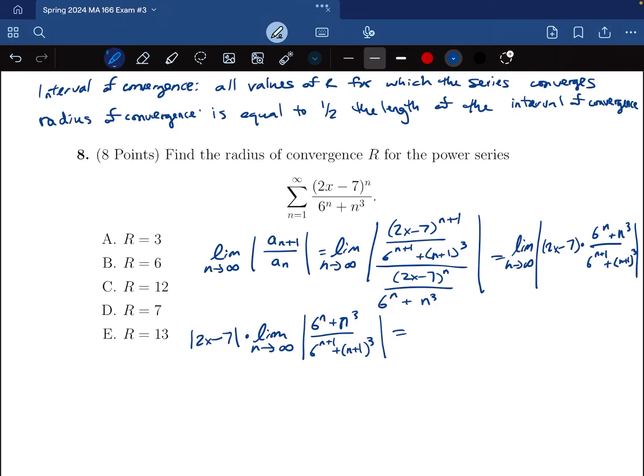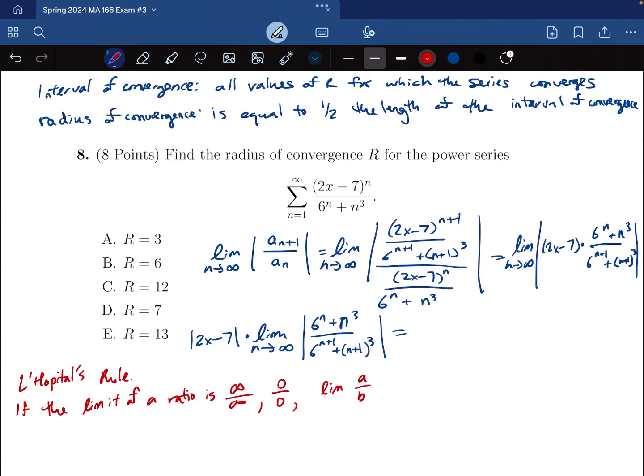So in this case, it's helpful to use L'Hopital's rule, which states, in informal terms, that if the numerator and denominator are both infinity, or they're both 0, the limit of a over b is equal to the limit of a prime over b prime.